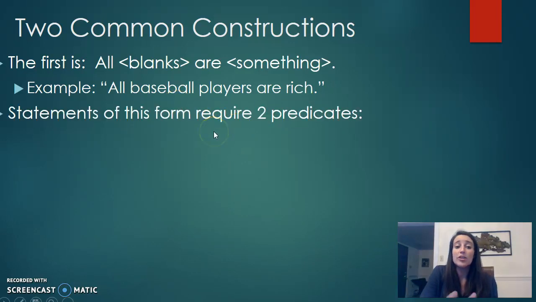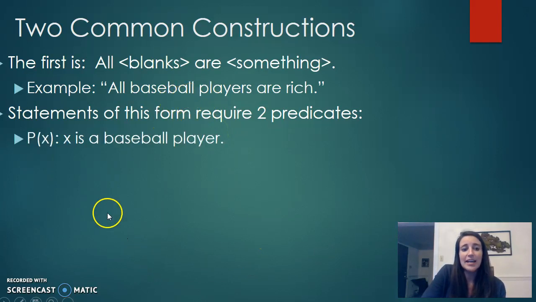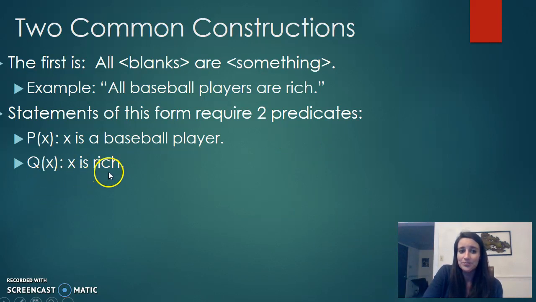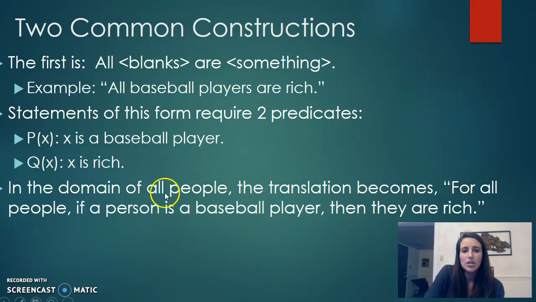Statements of this form require two predicates. We have one to define P of x, x is a baseball player, and we need another one, Q of x, to say x is rich. So in the domain of all people, the translation of the sentence, all baseball players are rich, becomes, for all people, if a person is a baseball player, then they are rich.